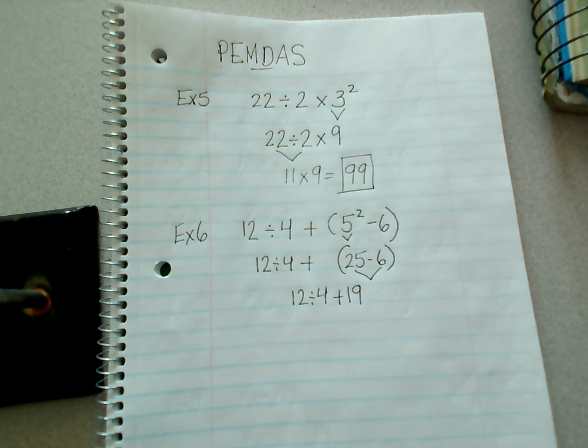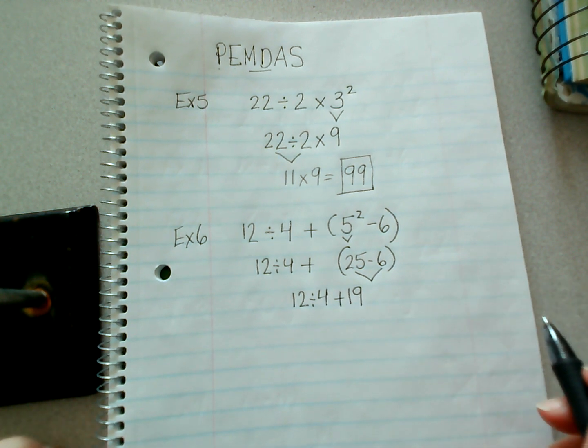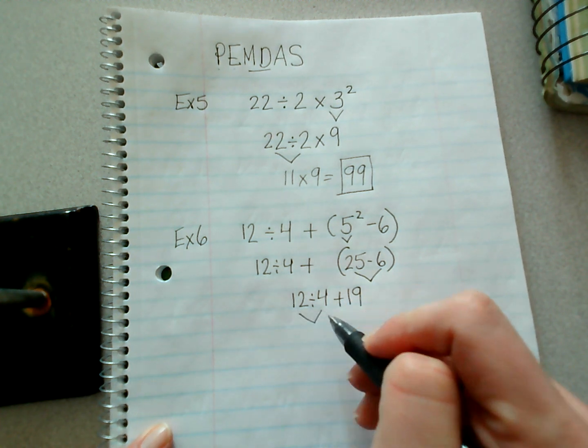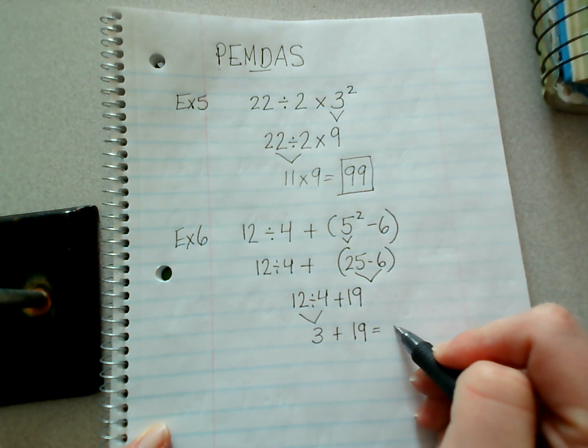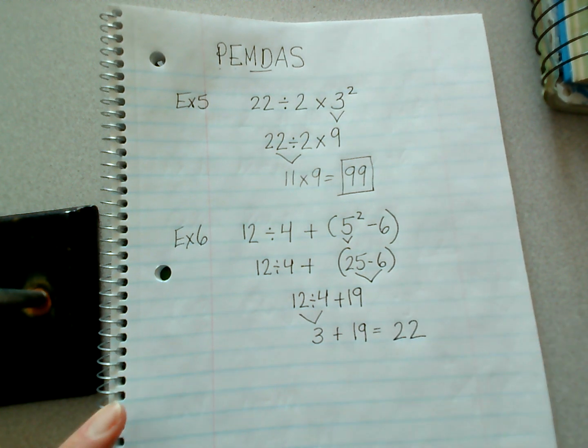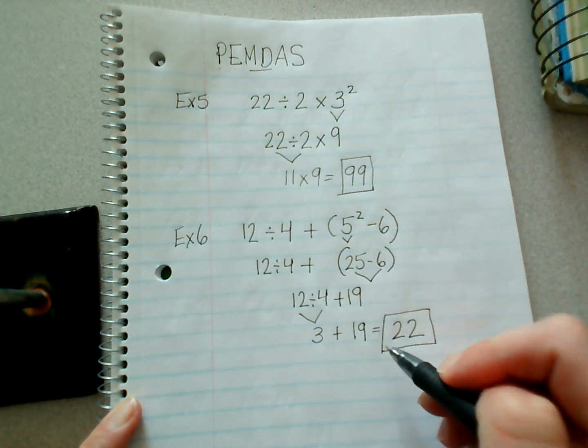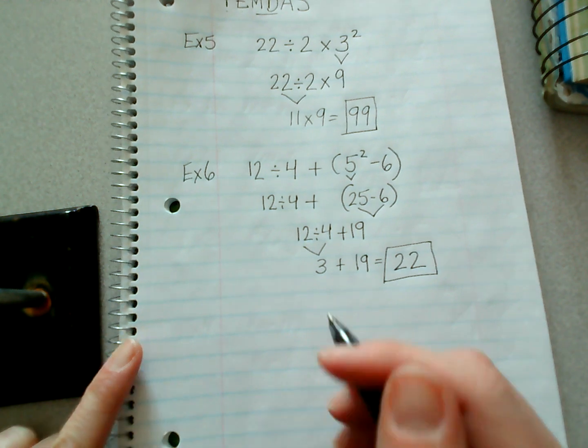Sorry if I'm writing pretty fast here. I'll stop so you can catch up. Well, you probably already tried it on your own, but 12 divided by 4 is 3, and 3 plus 19 is 22. 22 is what you should have gotten.